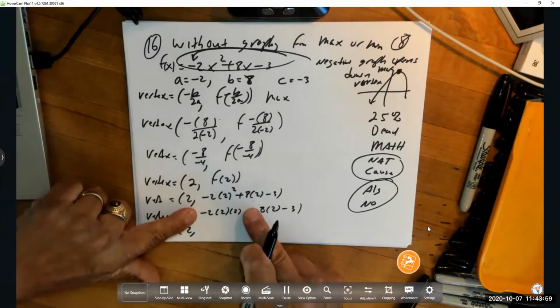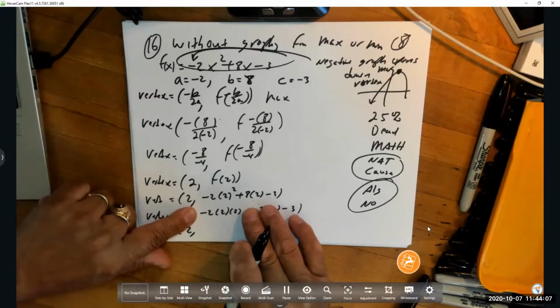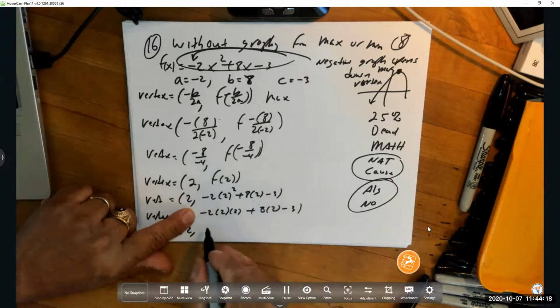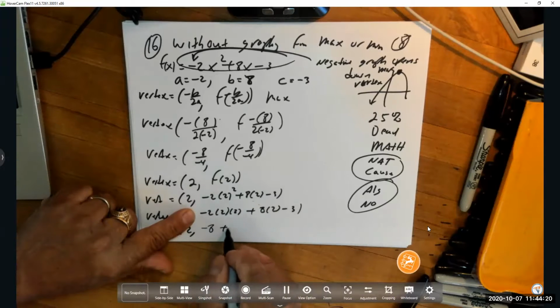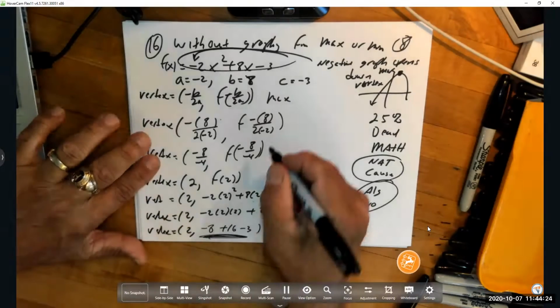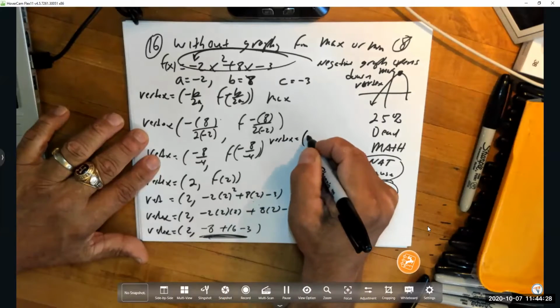Negative 8. Then plus 16 minus 3. Now put all these numbers together in your calculator.